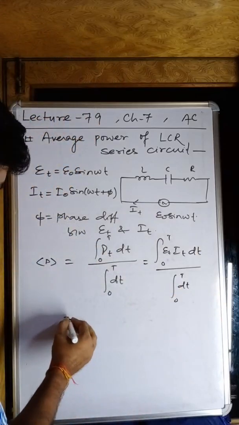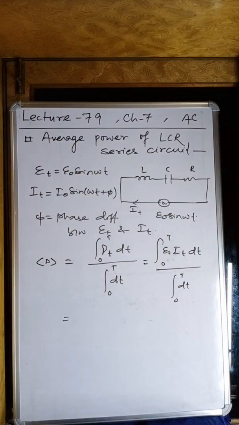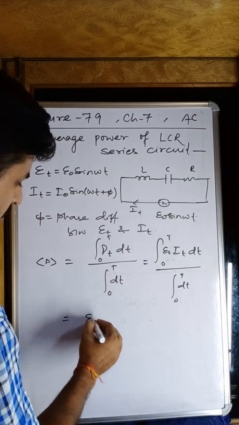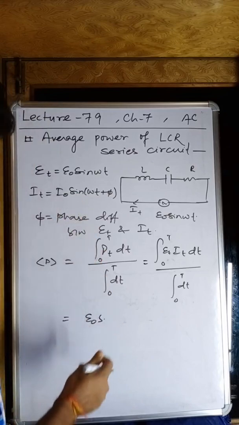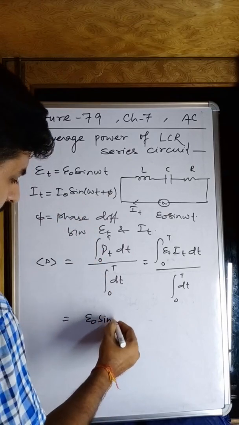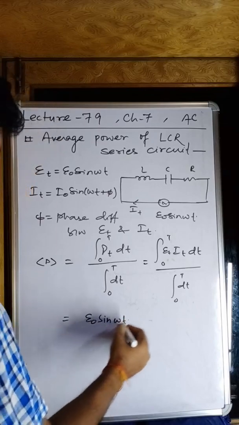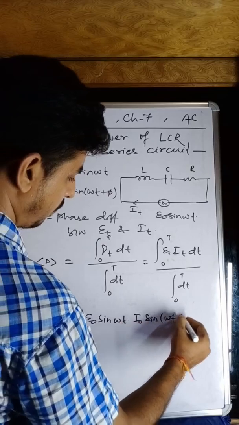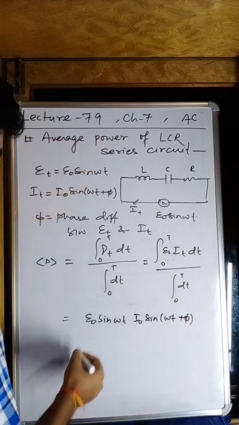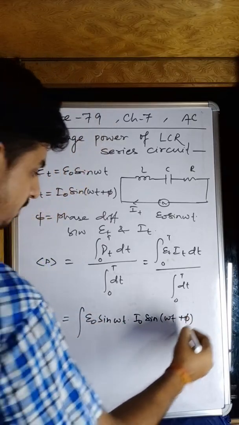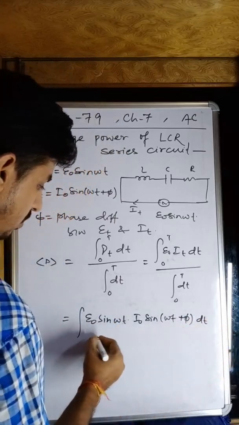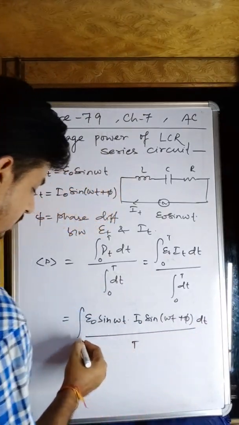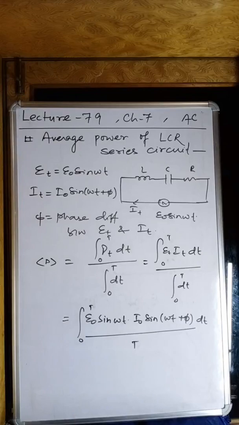Now we have the values of voltage and current as E naught sine omega t times I naught sine omega t plus phi, dt divided by T. Could you write? Look carefully. Yes, we can write, my dear students.